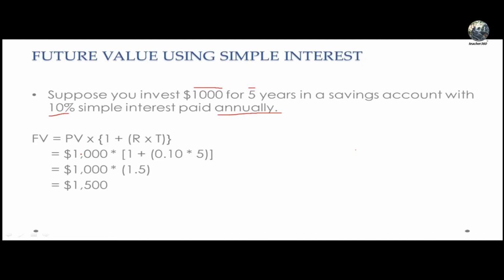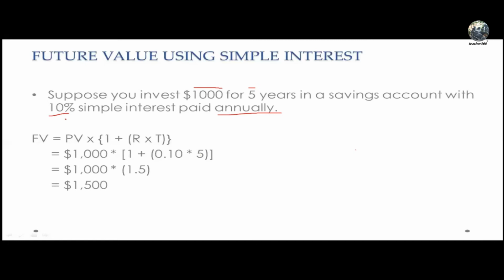$1,000 present value times 1 plus 10%, which is your interest, times 5, which is the number of years. So through multiplying this, you will get 1,500.